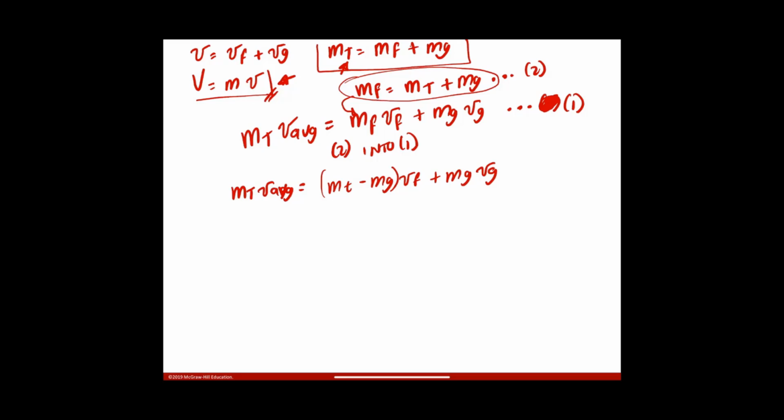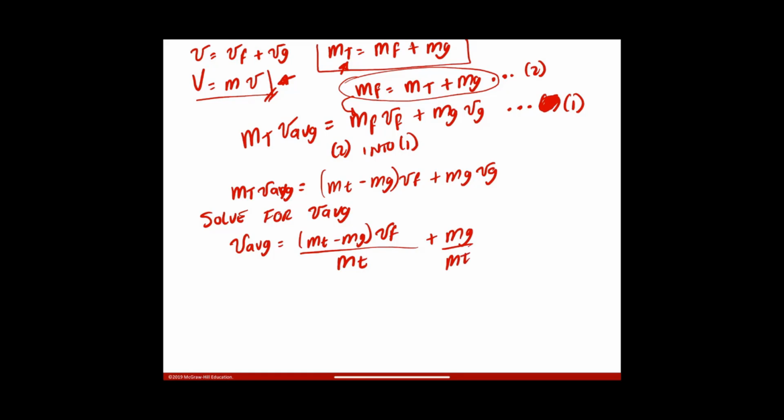Okay, I hope there are no questions. What I need to do right now is solve for my V average, because that's what I'm looking for. If I solve for V average, I will get something like this: MT minus mg, times Vf, that multiplies MT plus mg over MT, that multiplies Vg.